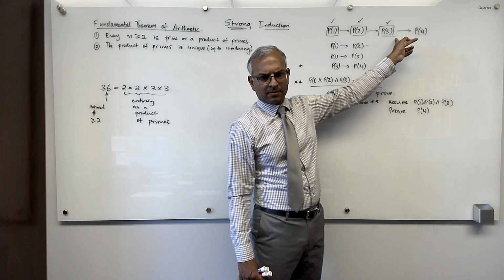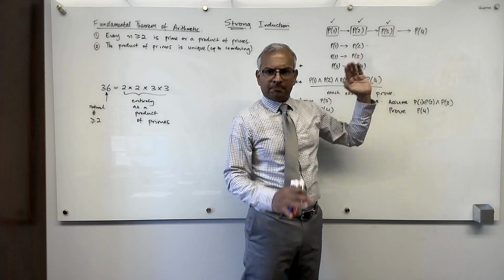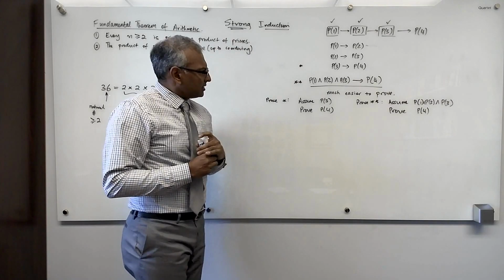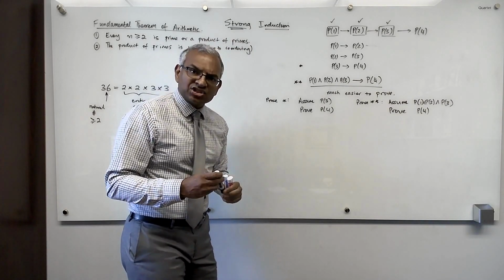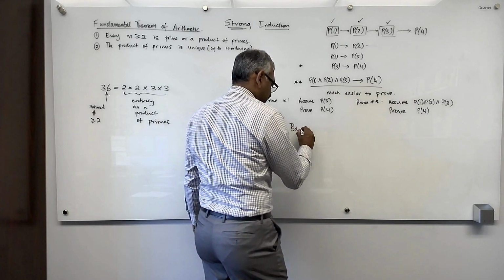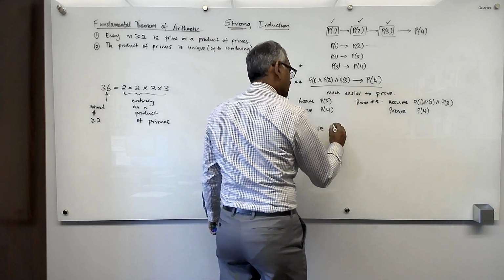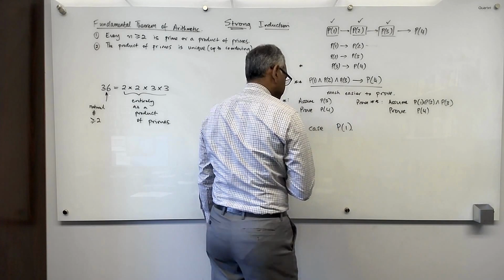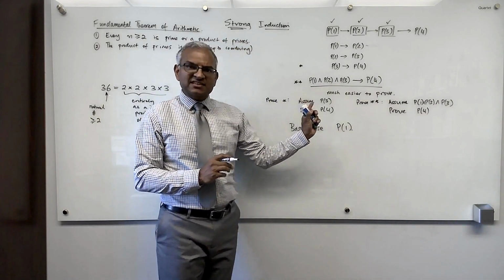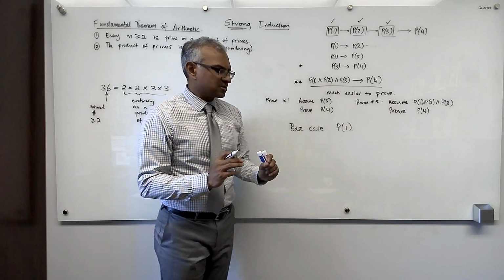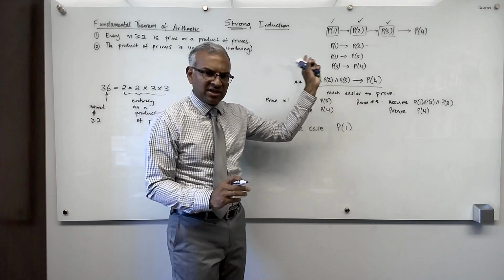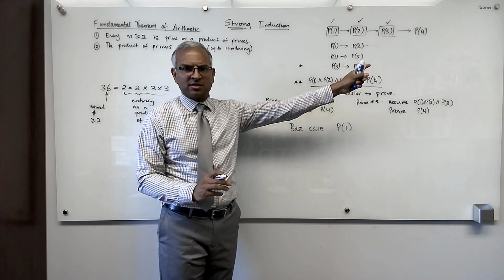So, what I'm saying, in a nutshell, is that in the base case, you prove P of 1. And now I'm suggesting another induction step, which is an easier induction step, but allows us to get this infinite cascade of implications that we need.